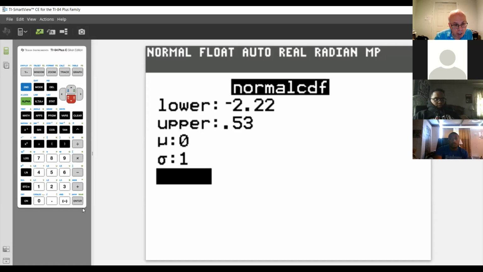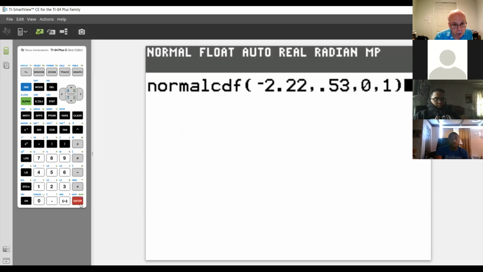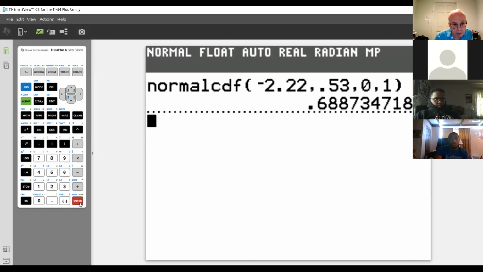Scroll down to paste, hit enter. This is what it should look like if you typed it in with your 83 calculator. Hit enter again, and there's the answer. If I ask you to round the probability to 4 decimal places, 0.6887. Okay, that's the area under the curve.